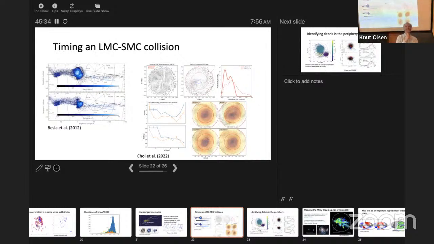Short question. You used the word passage, speaking about the LMC passing the Milky Way. Wasn't it the first passage? Oh yeah. I think the work of Nitya and Gurtina on the proper motions and the modeling of it has pretty clearly shown that it's either the first passage or a very long orbit, which could have been the second passage.